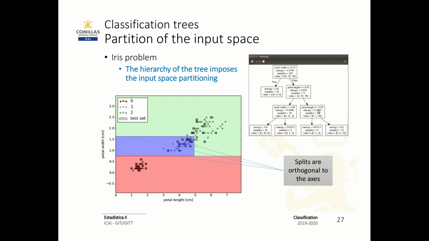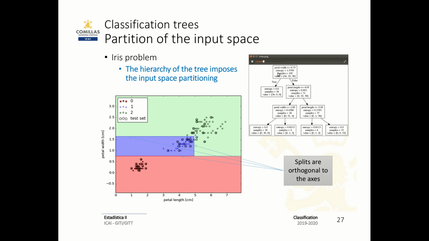So the entropy decreases all the time, and at every node we ask a question, whether a particular value is smaller or larger than something, or whether a categorical value takes a particular value. By these splits, we are partitioning the input space into different areas, and for each one of these areas we assign a label.